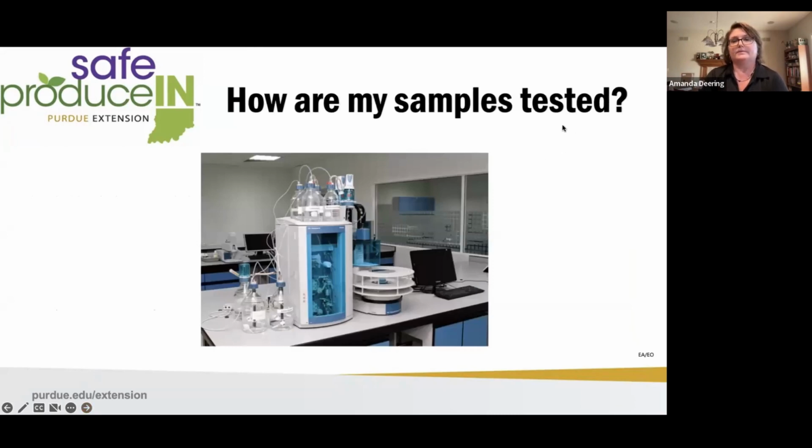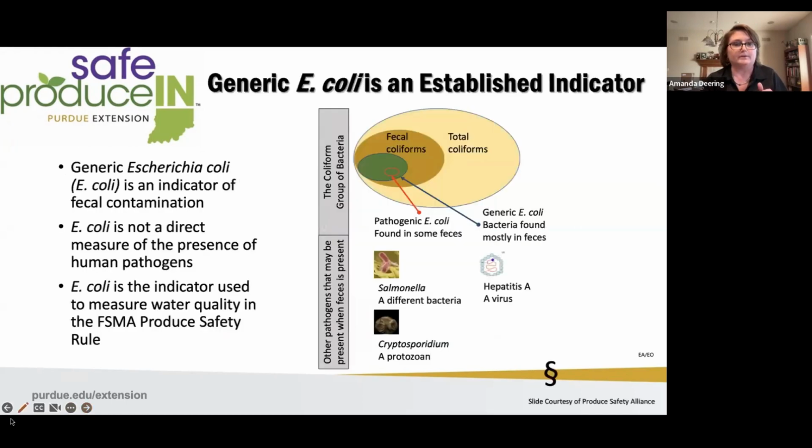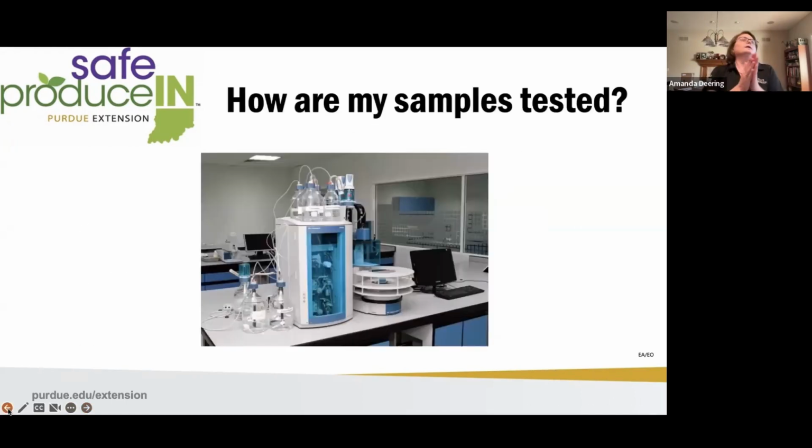So how are my samples tested? So pretty much what happens, it's a filtration. And so they're going to filter that water, collect the bacteria that are present on the water. They incubate that, the bacteria start growing, and then they express it in colony forming units.